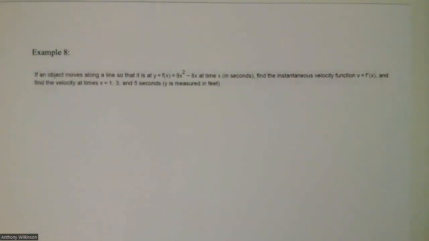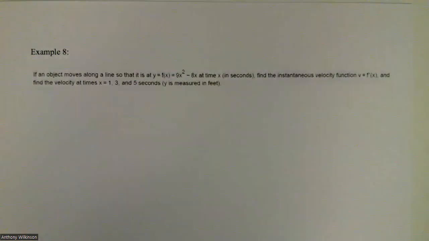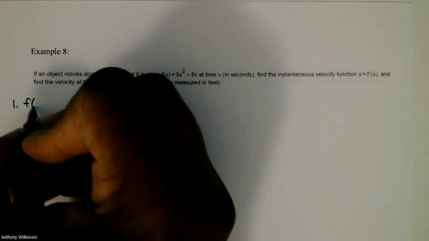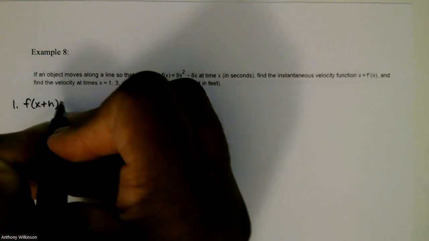All right, so in this case we're finding the instantaneous velocity, which is going to be v equals f prime of x. So here we've got to use that 8-step procedure. Number 1 is to come up with f of x plus h.